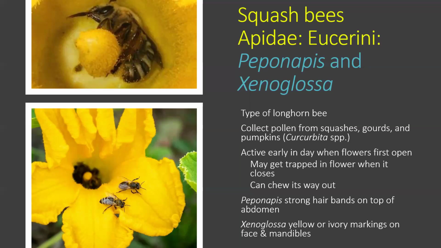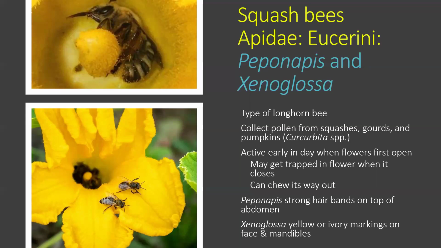And they might actually get trapped in there. But if they do get trapped in there, it's really not a problem. They do have mandibles. Bees are going to have mandibles as well as that tongue. So they can actually chew their way out of that flower if they do get trapped in there.